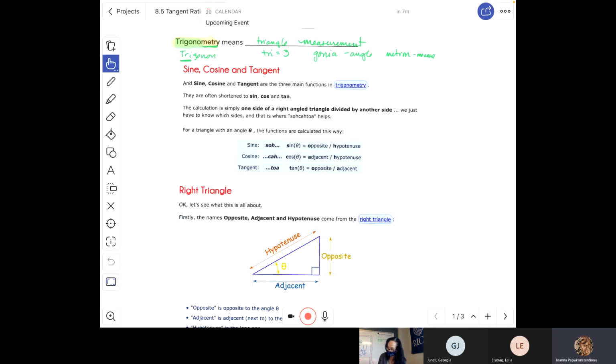If I look at this right triangle down here, now if I look at the pieces of this triangle, we have already discussed the hypotenuse. The hypotenuse is the longest edge in the right triangle. We studied the Pythagorean theorem. That's C. Now, how am I going to look at finding the measure of angles?